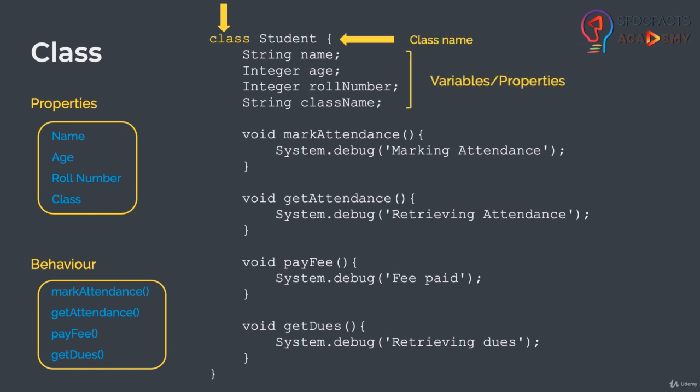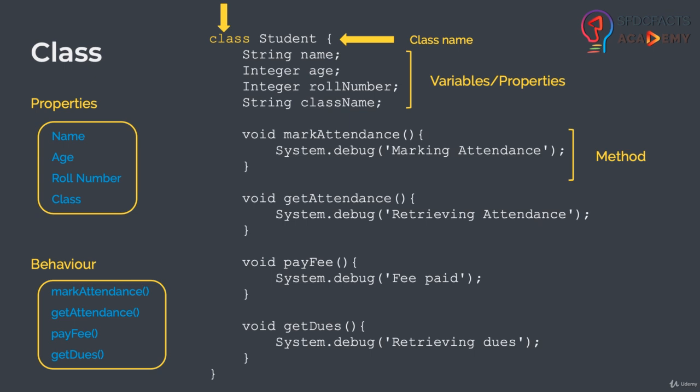Then you declare all the properties of that object as variables, and we have already seen variables in previous videos of this course. And in the end you write functions or methods to define your object's behavior, like marking attendance, getting the dues, paying the fee, or writing an exam, and so on. Okay, so far so good.